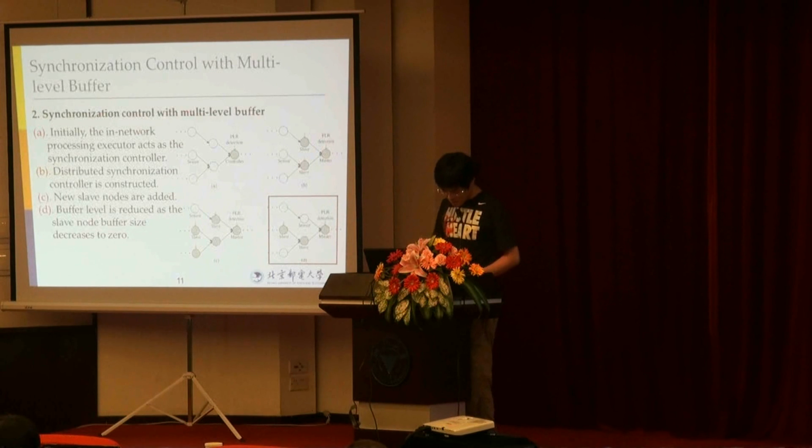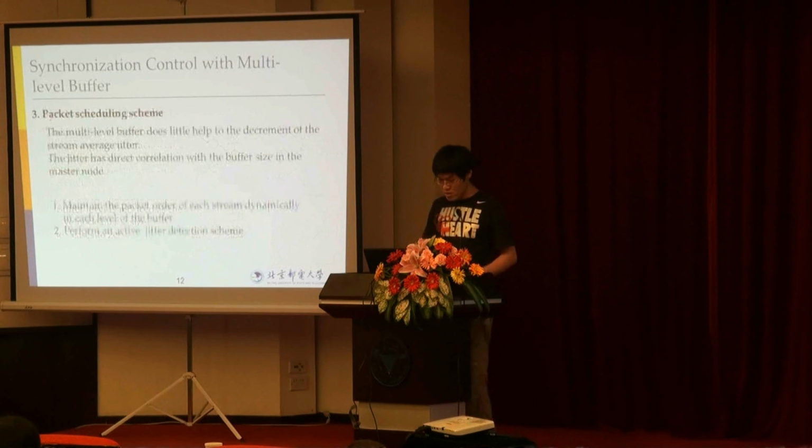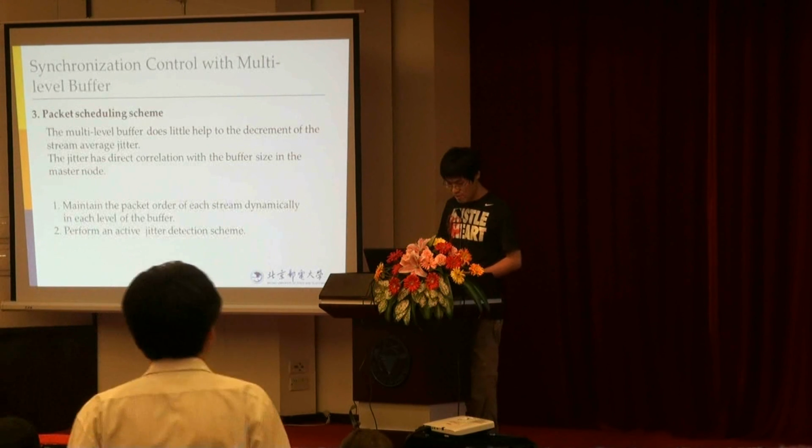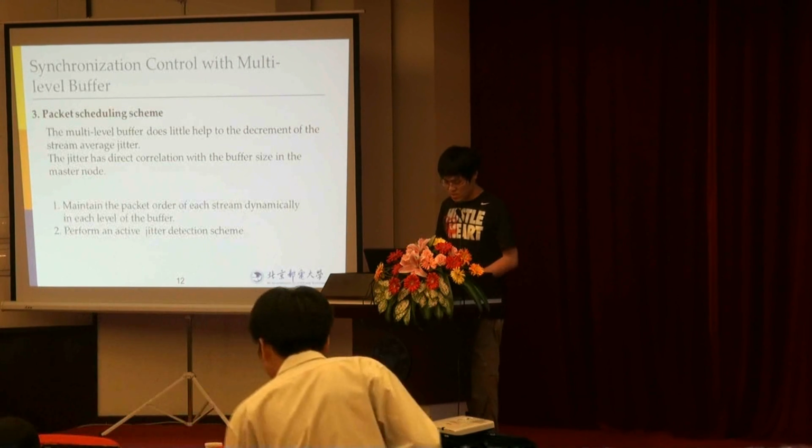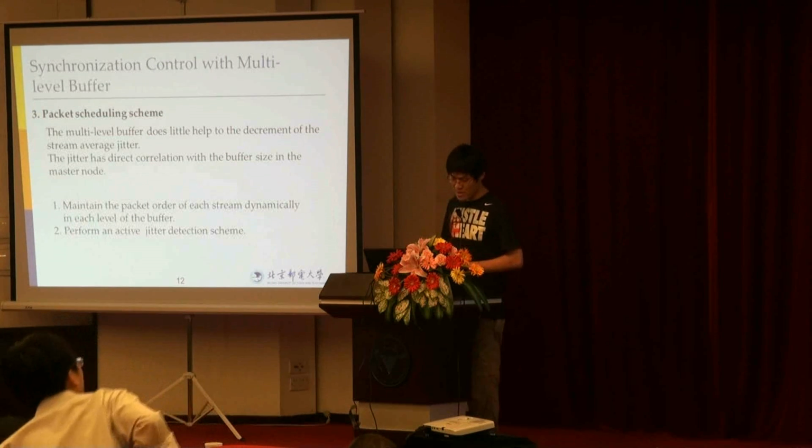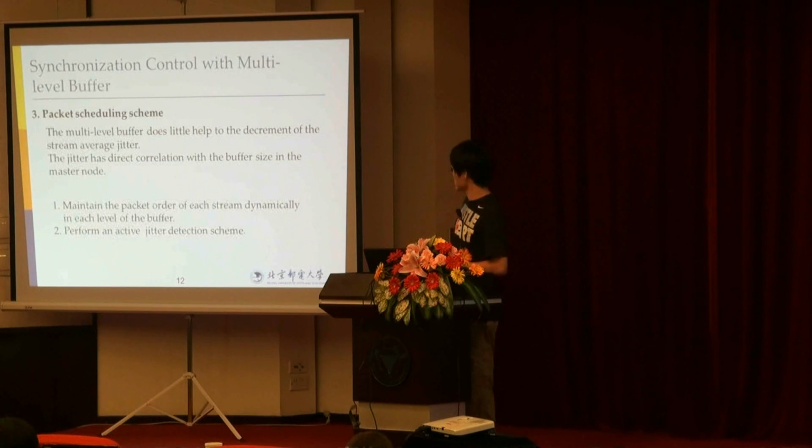However, the multi-level buffer does little to help decrease the stream average jitter. The jitter has direct correlation with the buffer size in the master node. So, in this section, we also propose an effective packet sharding scheme to reduce the effect.